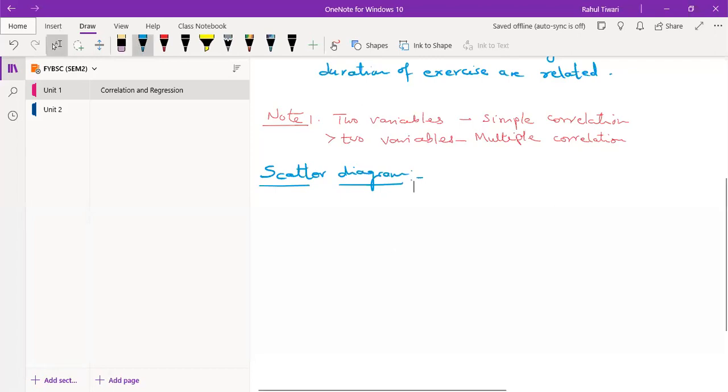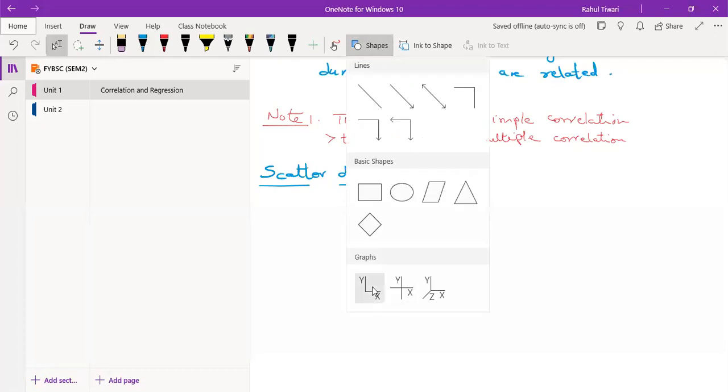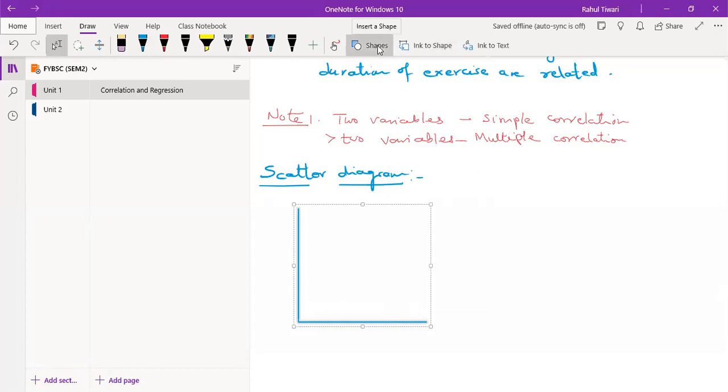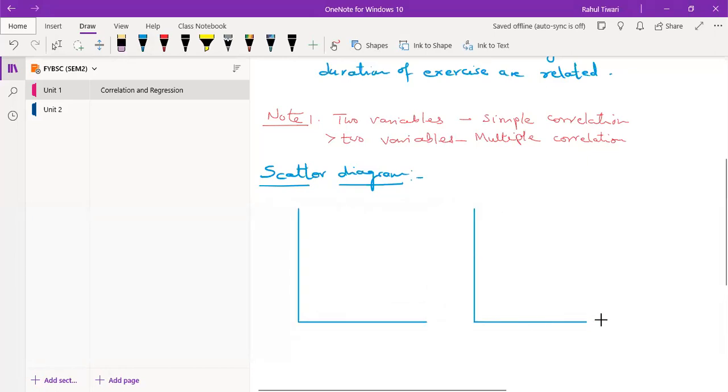That's a very important task. So I'll try to make this graph. Let's see.